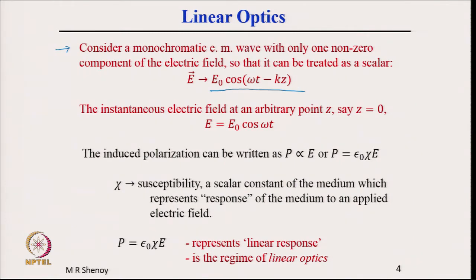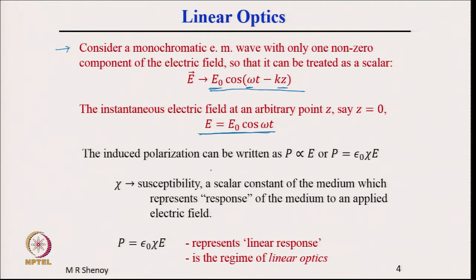It is a plane wave, monochromatic with single angular frequency omega, propagating in the z direction, and E 0 being the amplitude. The instantaneous electric field at any arbitrary point z, say z equal to 0 without loss of generality, we can write E is equal to E 0 cos omega t.